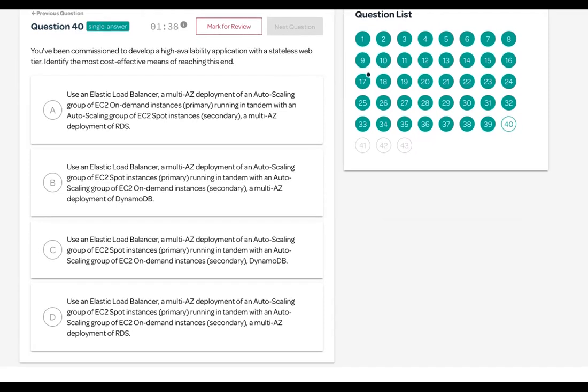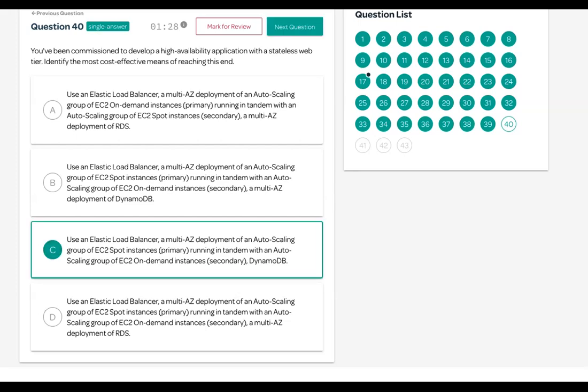Let's see what the options are. Use ELB, auto scaling group, on demand. No. What you should do is first go with an auto scaling group of EC2 spot instances running in tandem with a secondary auto scaling group, with DynamoDB.